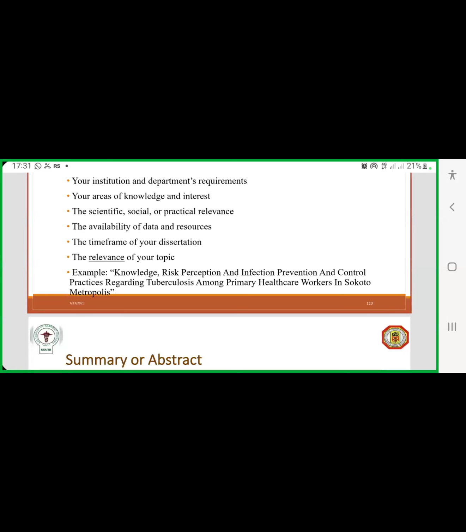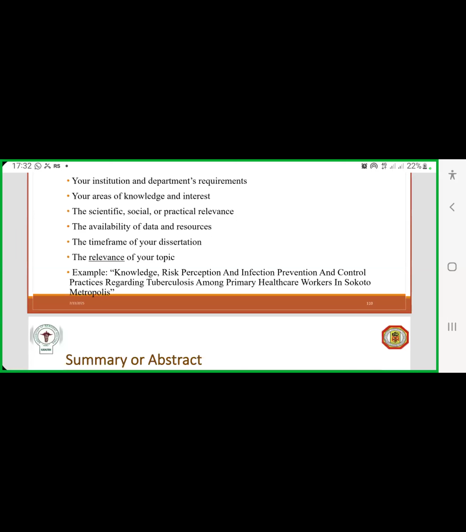If you bring something that you cannot afford, and once they approve it, that is all. You are on your own. You have to go anyhow to get funds to conduct the research. So before anything, you have to make sure that your topic is affordable for you, you have resources for it, you can get your data easily, and you have enough literature to back it. That is the most important. You should not come up with research without considering all these things.